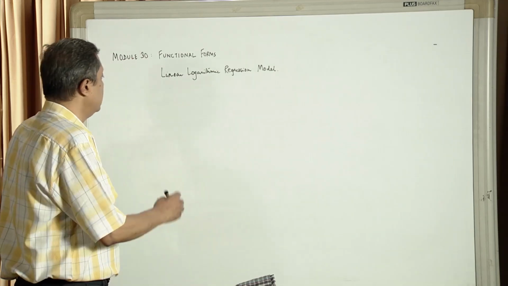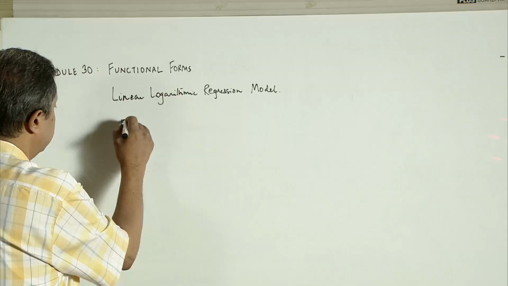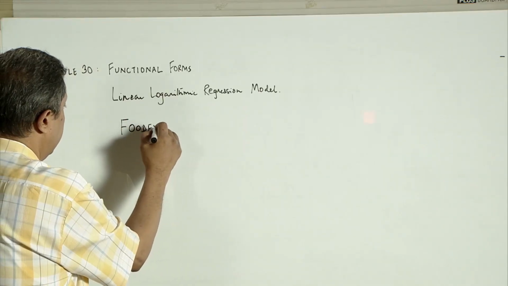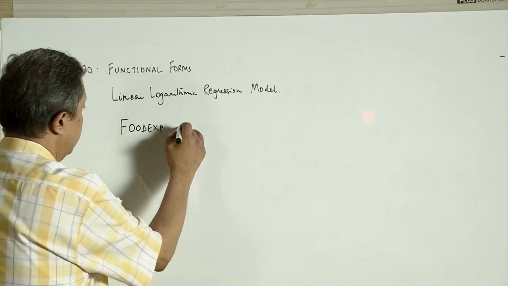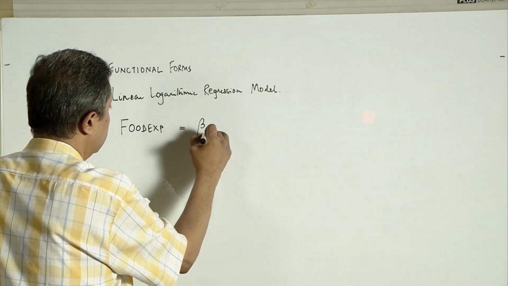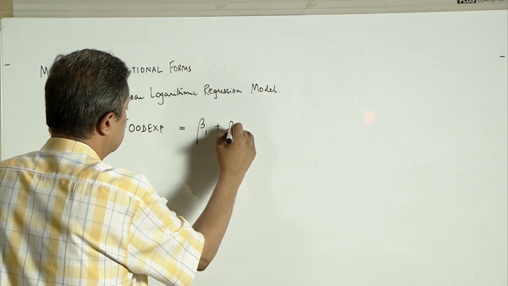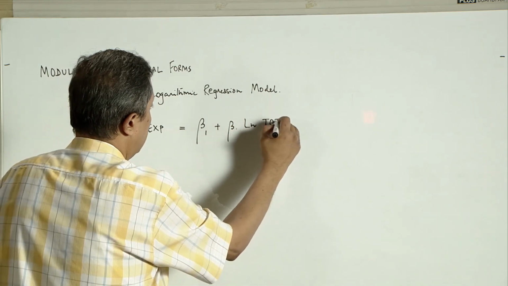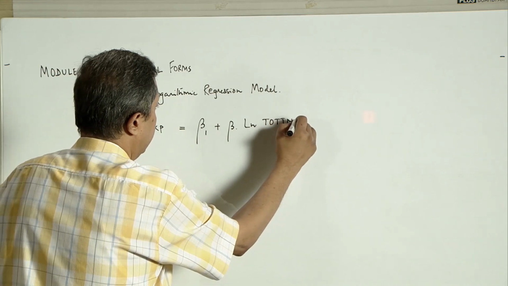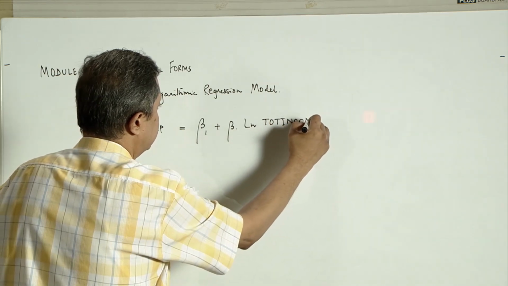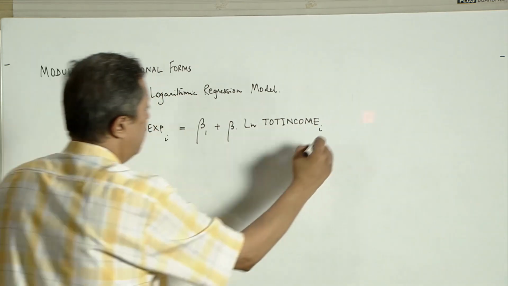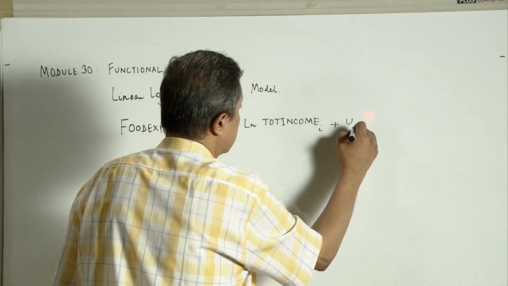So, we write a model like food expenditure is regressed on the logarithm of total income of the ith observation plus the random disturbance term.